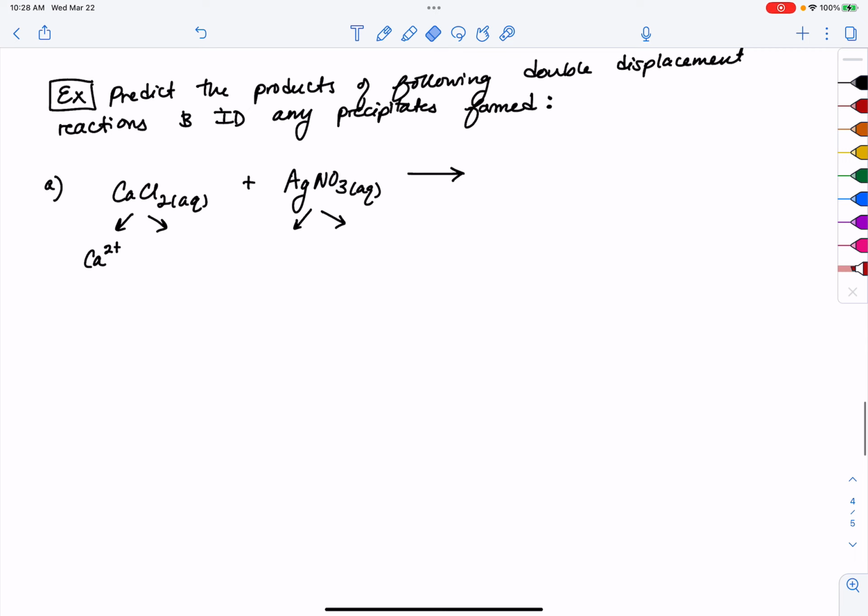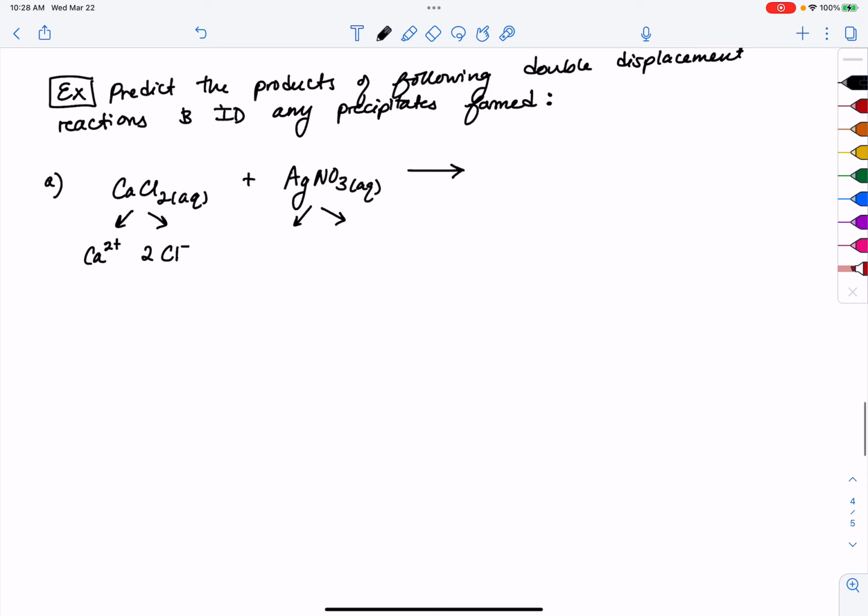And then chloride ions, specifically 2 of them. And then silver, I know that silver is one of our exceptions to our transition metals. It always forms a +1 cation. And then nitrate, NO3, I recognize that as one of my polyatomic ions, which has a -1 charge.